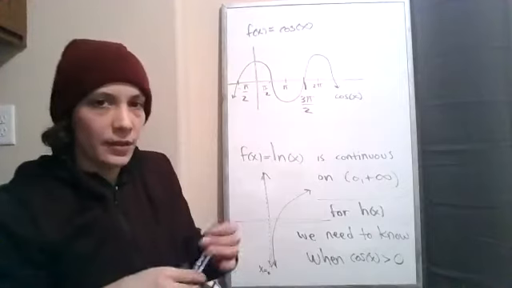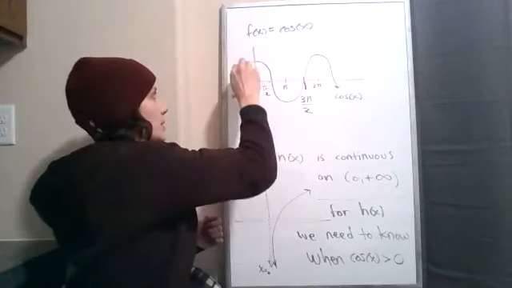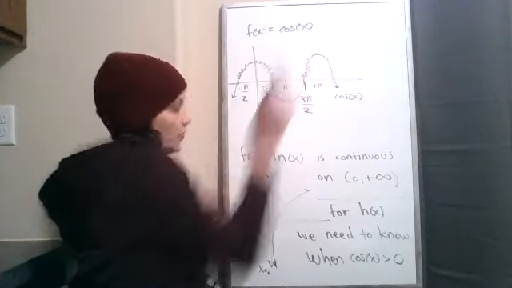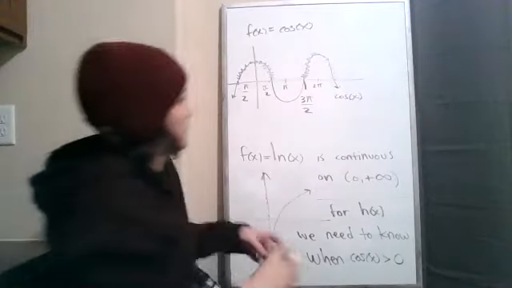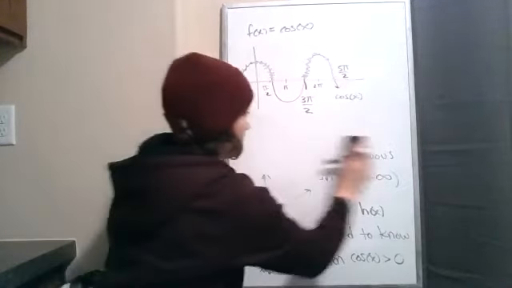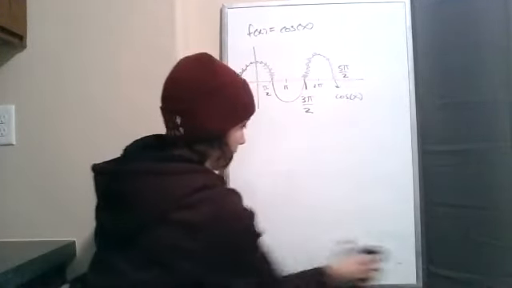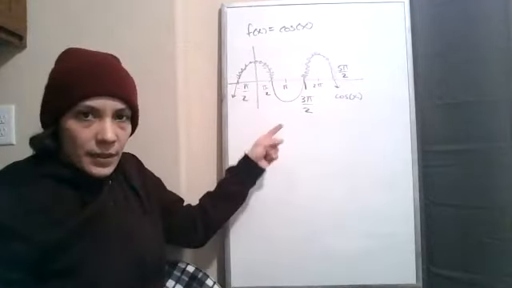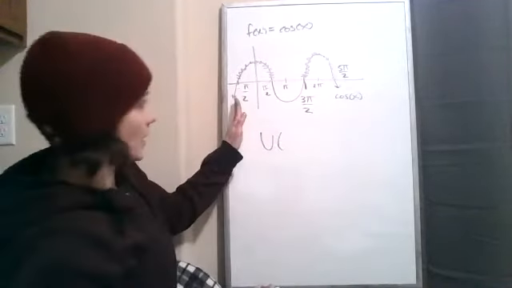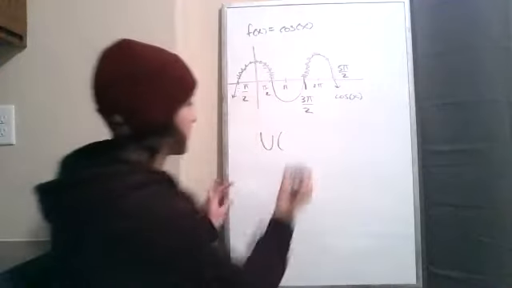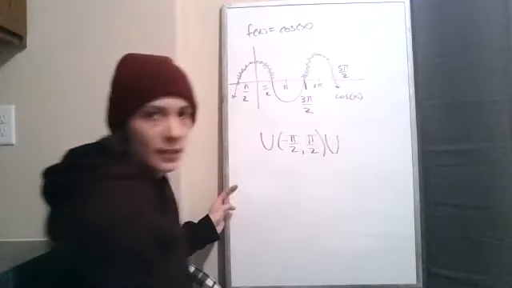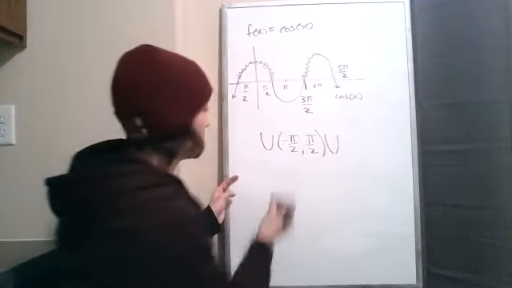We are positive between negative pi over 2 and pi over 2. Then from 3 pi over 2 to 5 pi over 2. So that's going to happen for the set. Picks up at negative pi over 2 and goes to pi over 2. Union with the set from 3 pi over 2 to 5 pi over 2.